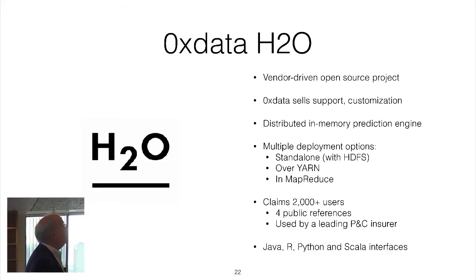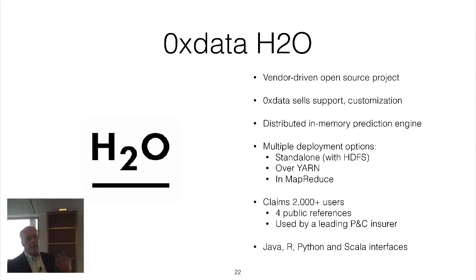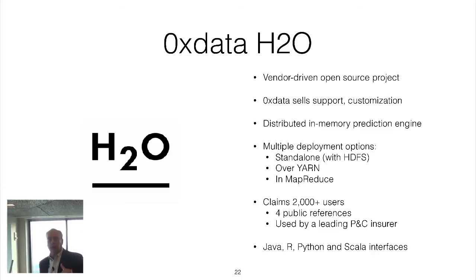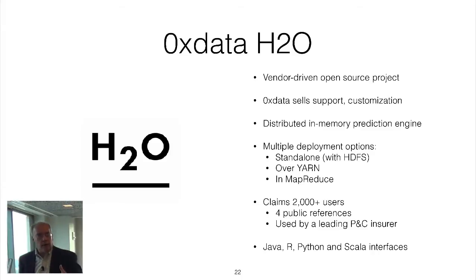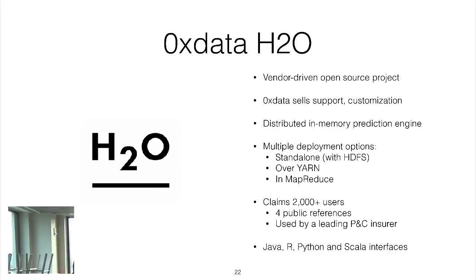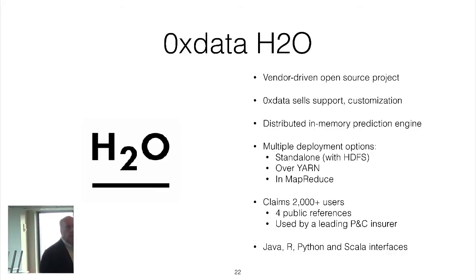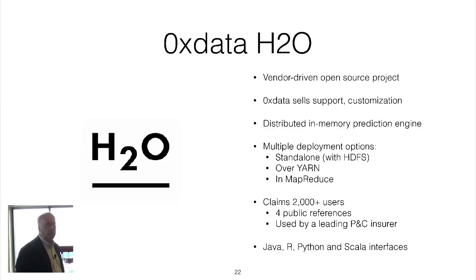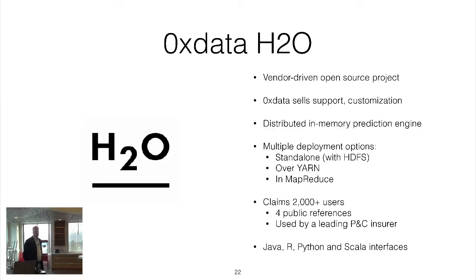It is a distributed in-memory prediction engine that can be deployed either as a standalone cluster, or in Hadoop, under Yarn, or within MapReduce. Either way, they also have a cloud capability. Very strong in prediction, so they've implemented things like gradient boosting and deep learning. They say it's deep learning, and it's a multi-layer perceptron.